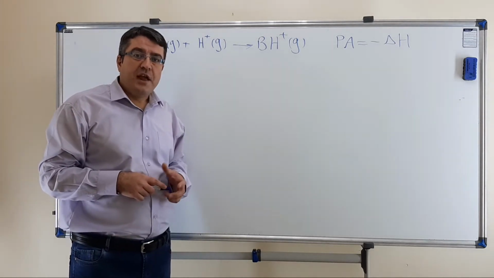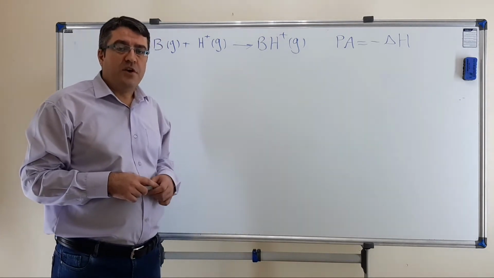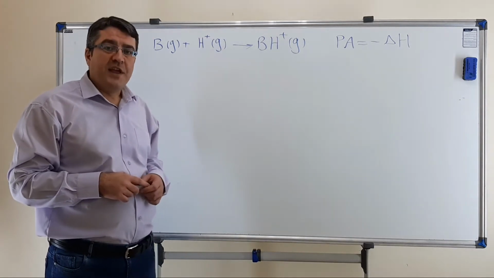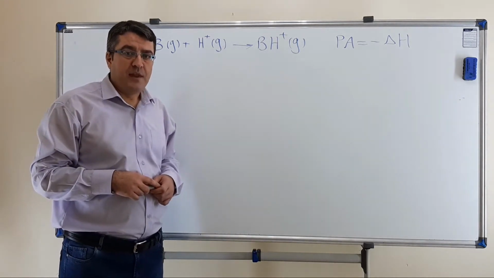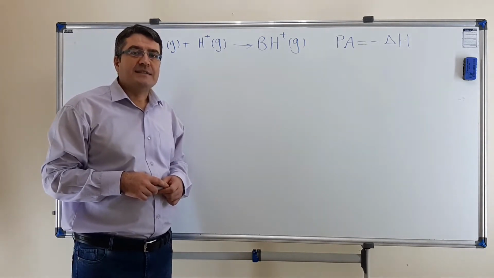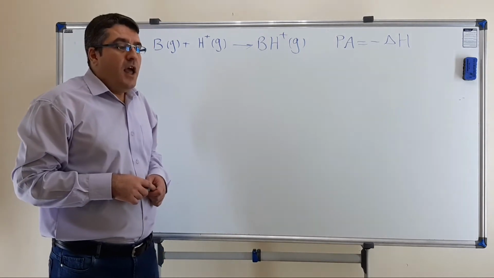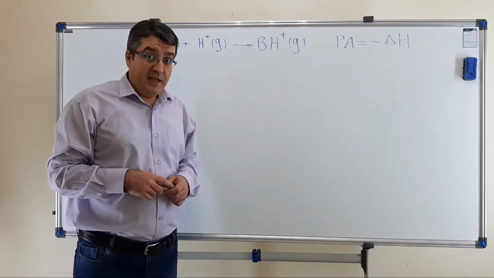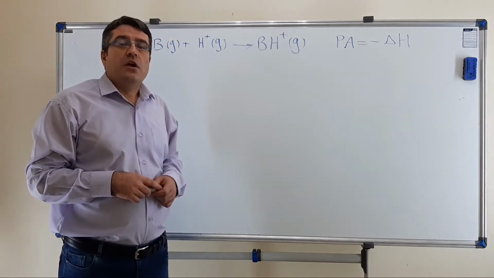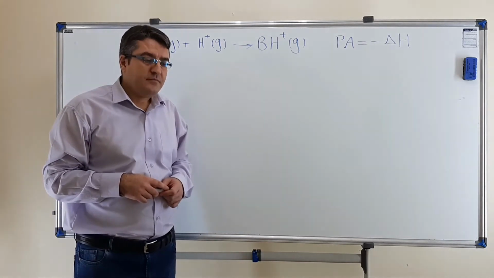In this regard, among chemical species, proton and electron are specific and fundamental in the context of acids and bases. Analogous to proton affinity as a quantitative measure of basicity, electron affinity might seem a good candidate as a quantitative measure of acidity.